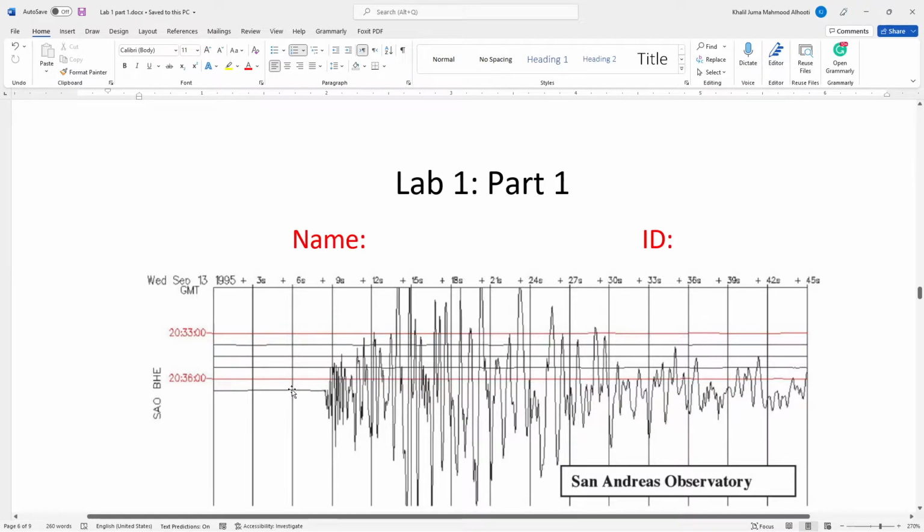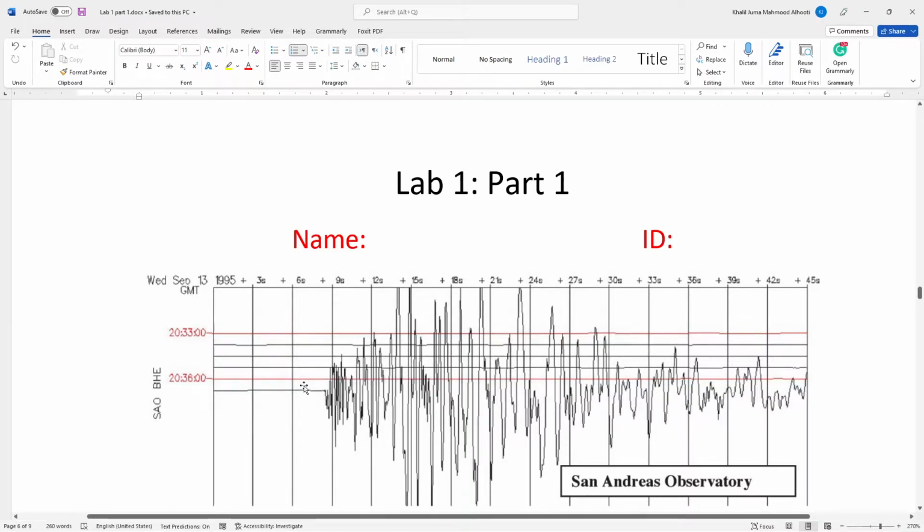Here 51. This is 54, exactly at this line. However, the onset is slightly lower than 54 seconds. That means 20 hours, 36 minutes, and somewhere between these two lines.